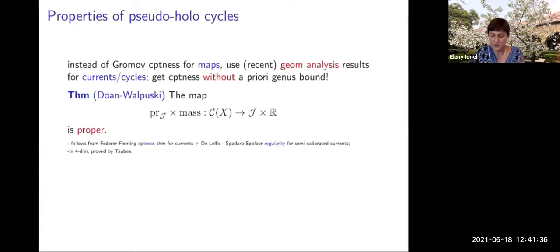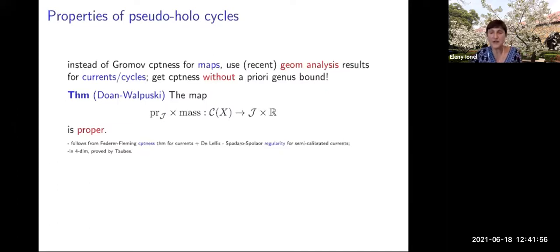Combining the compactness result and the regularity result, one gets this specific result for J-holomorphic cycles: if you fix the homology class, for example, and the parameter J, then you get a compact set.